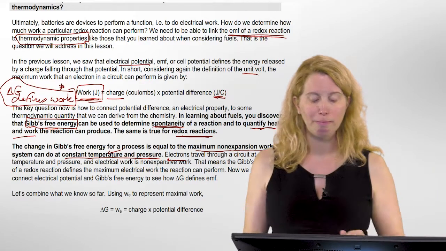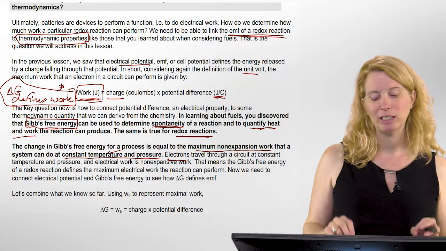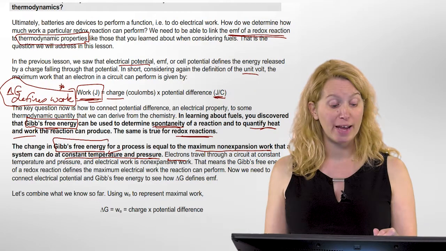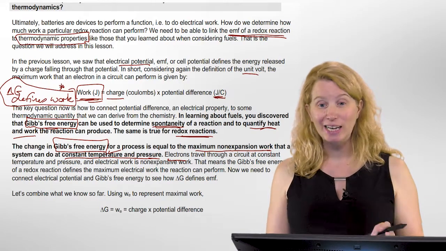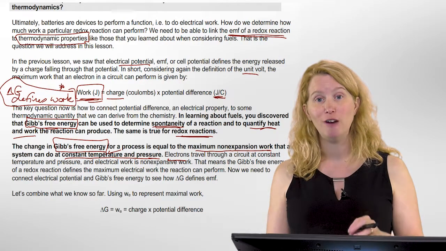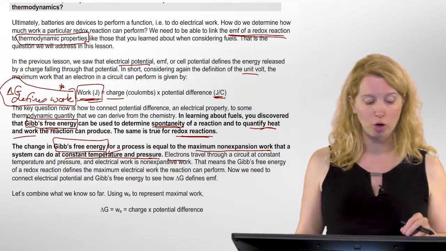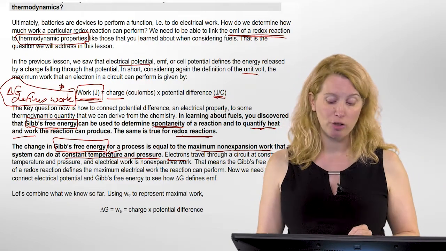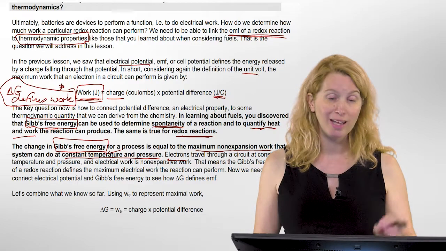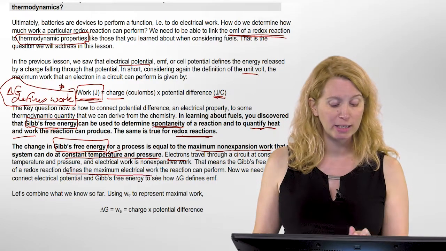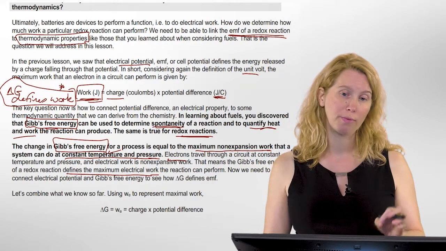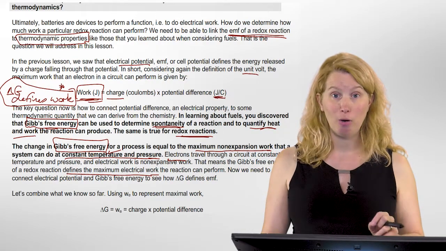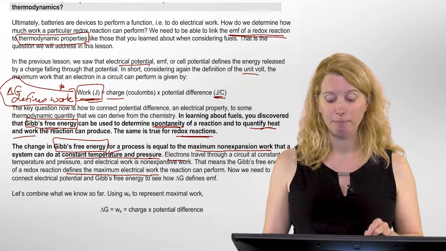So it is, by definition, non-expansive work, which means that Gibbs free energy is precisely the measure we need to define the maximal amount of work we can do. So in the context of redox reactions, the Gibbs free energy literally defines the maximum electrical work that a redox reaction can perform. That's powerful. So I'm going to say that again.